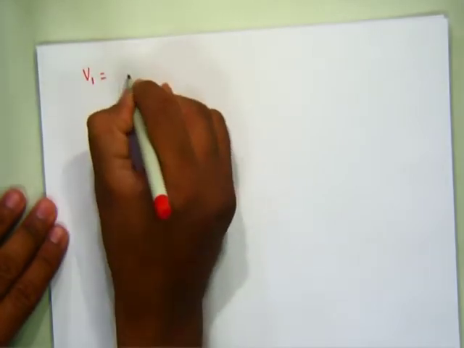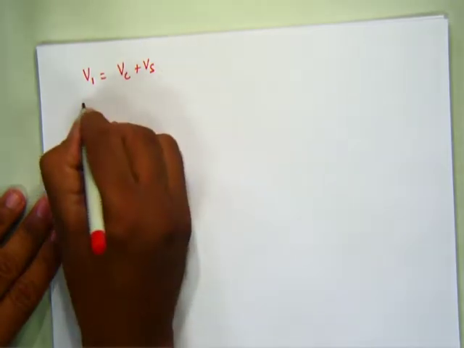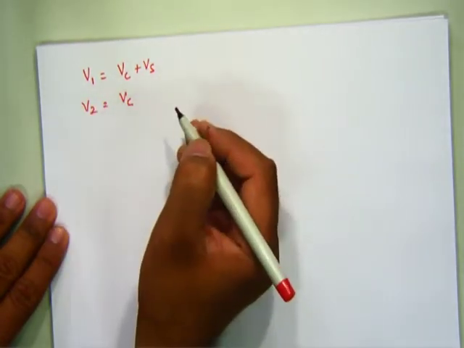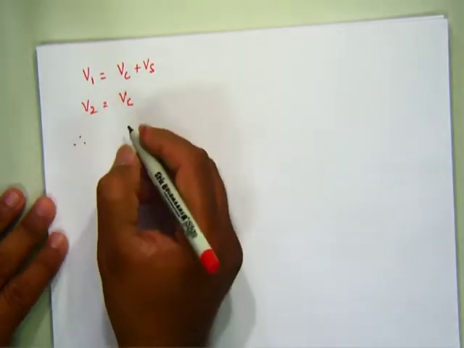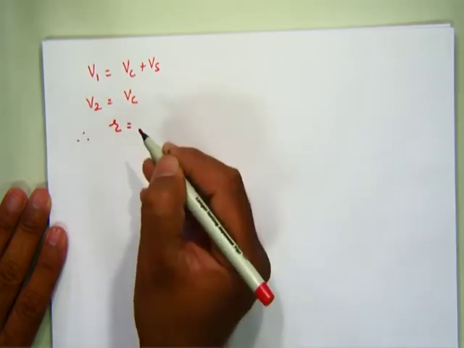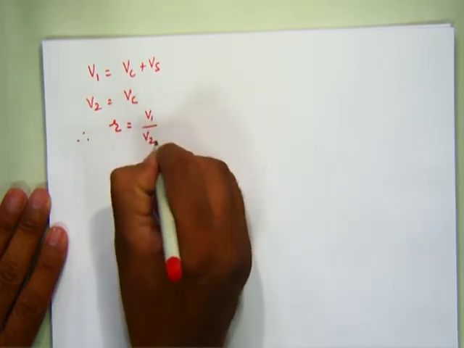In our case V1 is equal to Vc plus Vs and V2 is equal to Vc. Hence R is equal to V1 upon V2.